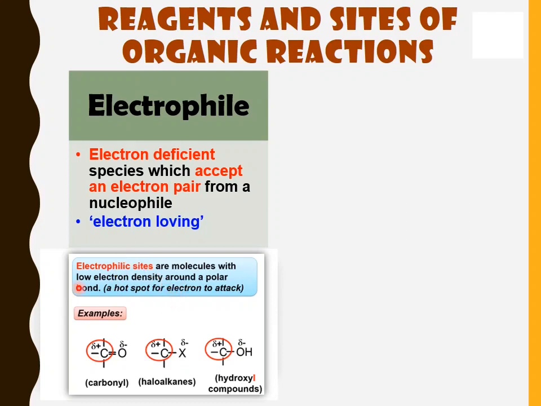It means we need to know that this is a hot spot for electron to attack. This will occur in organic reaction later. So for example, we have carbonyl group here, haloalkanes, hydroxyl compound. If you look here, all the carbon atoms here are electrophilic sites.